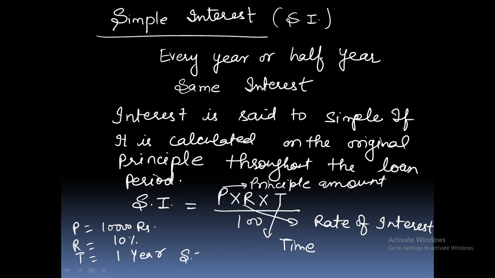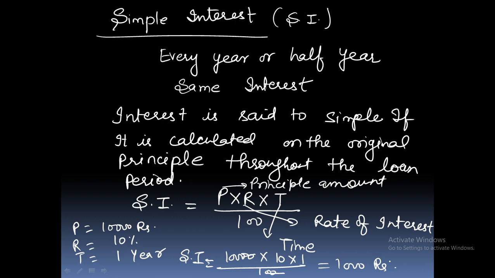How to calculate simple interest? We will calculate by this formula. Principal amount is 10,000 multiplied by 10 multiplied by time, time is 1, over 100. Cutting two zeros with two zeros, we calculate 1,000 rupees as the simple interest which will be paid on 10,000 by the borrower to the lender.